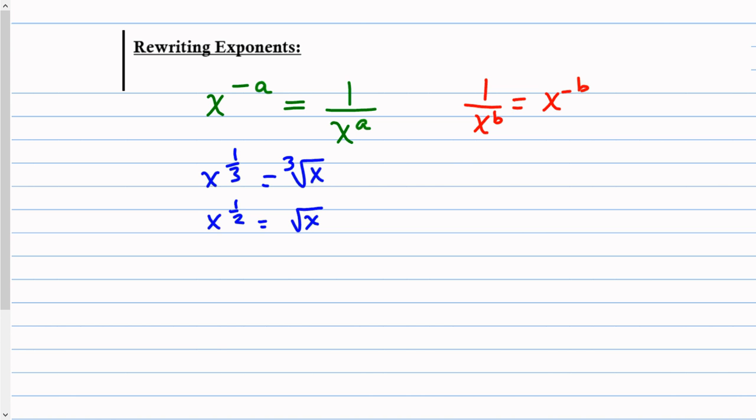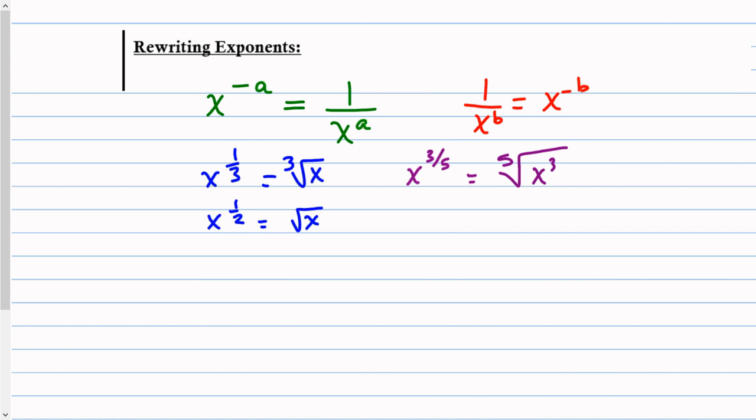One more example, and that's when it starts getting a little complicated. Like I have x to the 3/5. What does that mean? The top is the exponent, so that means x to the 3rd power. And then the denominator is the root. So this would be the 5th root.